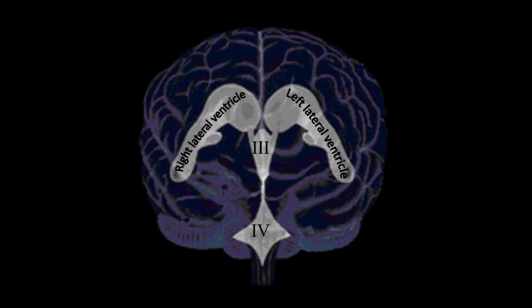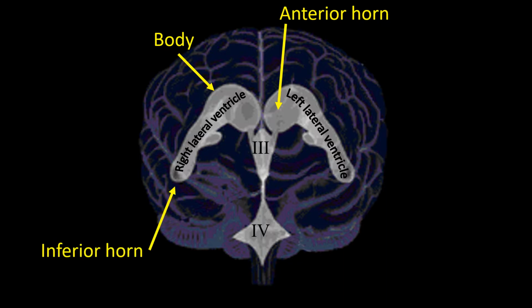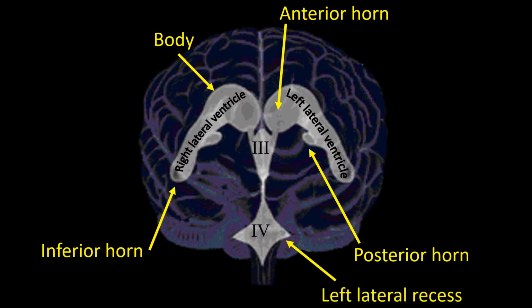With the brain in the anatomical position, you can see the anterior horn of the left lateral ventricle being pointed by the arrow, the body of the right lateral ventricle, the inferior horn of the right lateral ventricle, the left ventricle posterior horn, and the left lateral recess of the fourth ventricle.